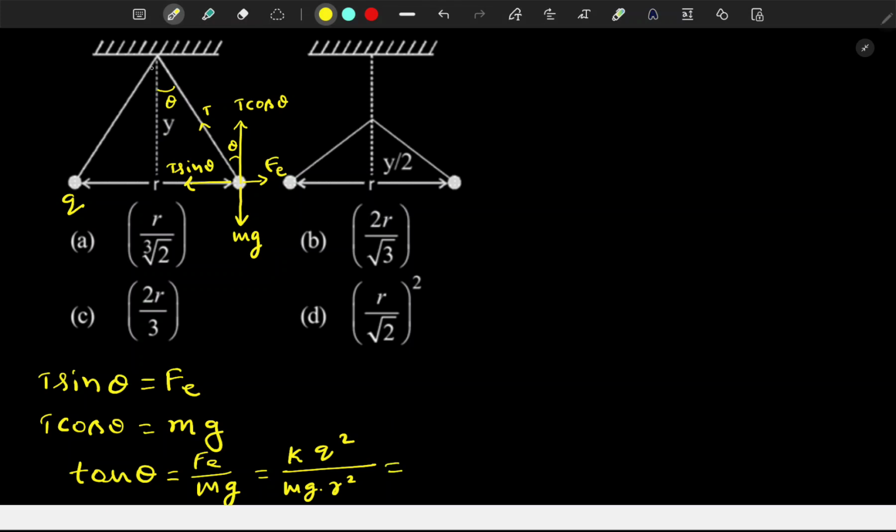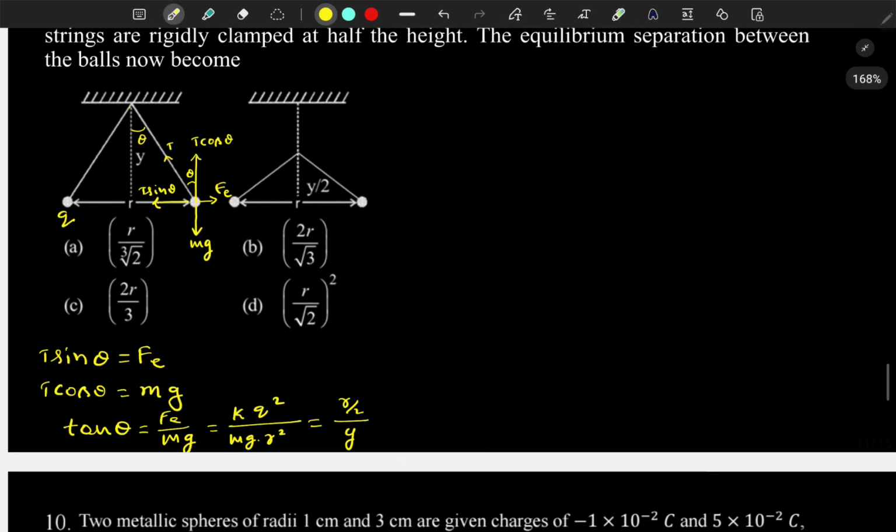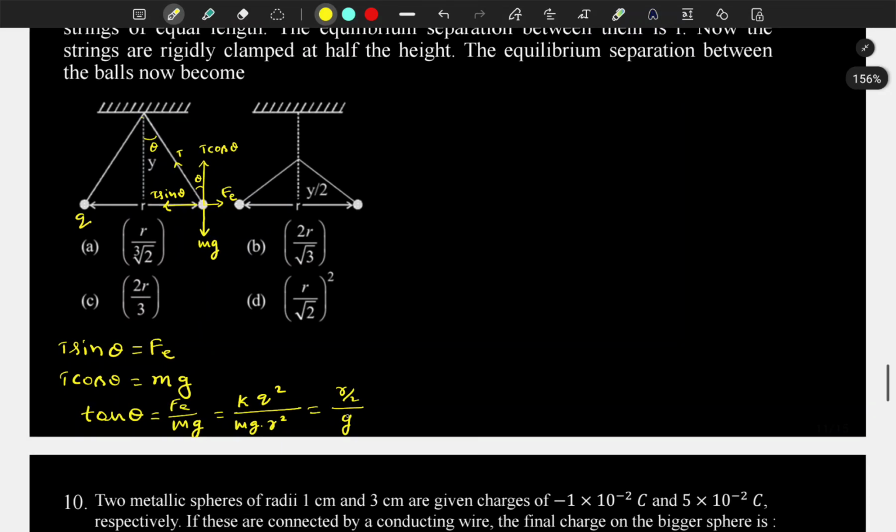Now if you consider this triangle, tan theta is equal to what? Opposite by adjacent. Opposite is r by 2 divided by adjacent is y. So from this, if you consider the y value, that is equal to mg into r square into r, that is r cube, divided by k q square.